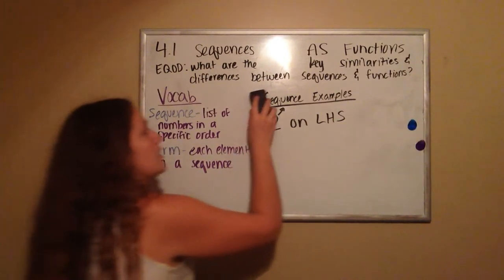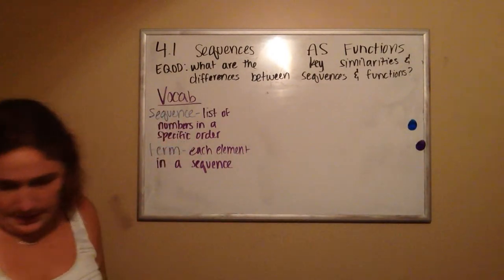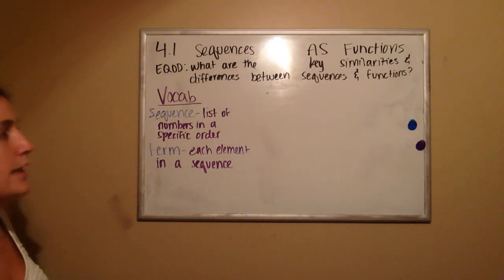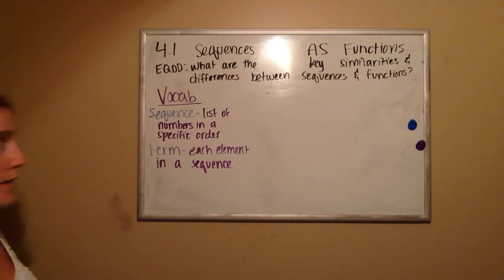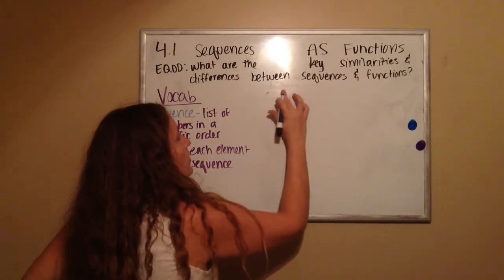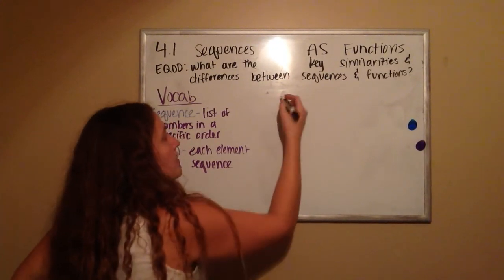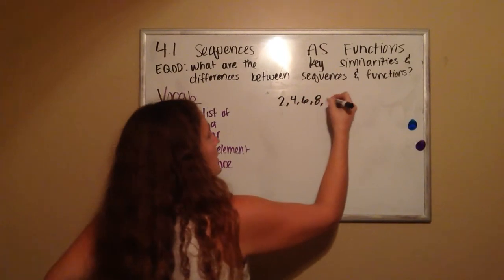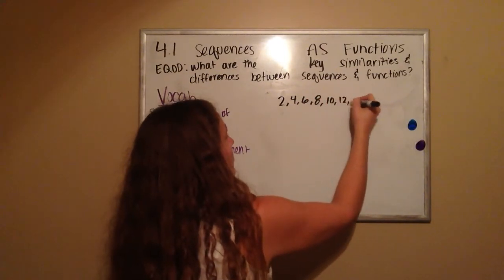Alright, so let's start looking at exactly why these sequences are somehow related to functions. So let's look at our sequence. We'll do our even numbers. 2, 4, 6, 8, 10, 12, and so on.